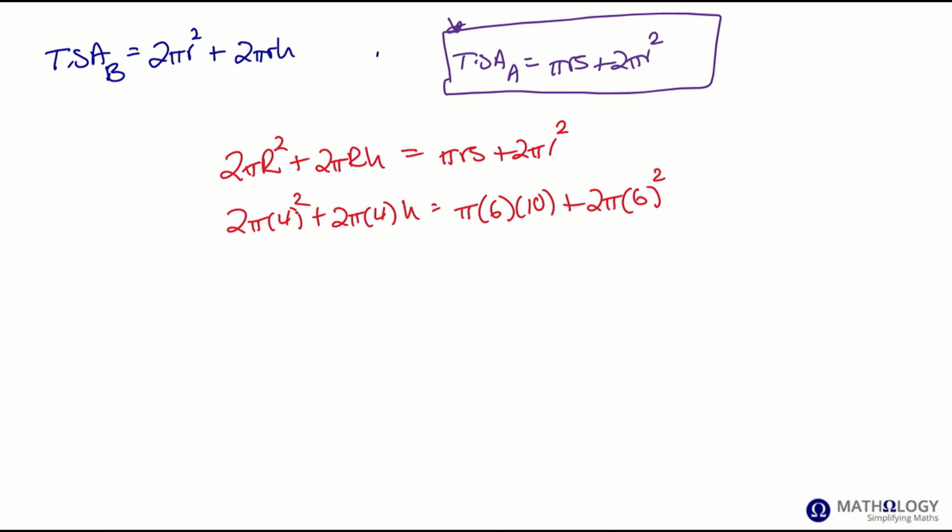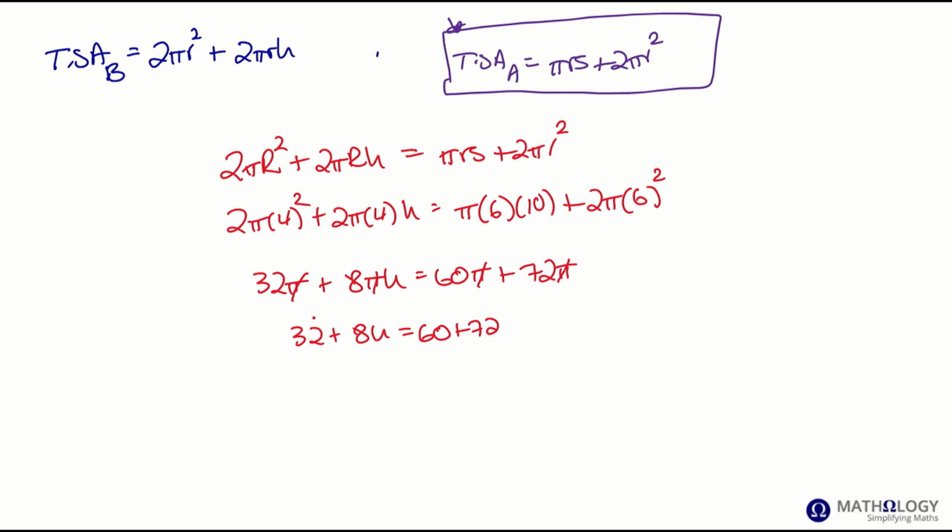So just in terms of pi, this will be 4 squared is 16 times 2, that's 32 pi, plus 8 pi h equals 60 pi plus 72 pi. We can divide through by pi because pi is a non-zero constant. So 32 plus 8h equals 60 plus 72.